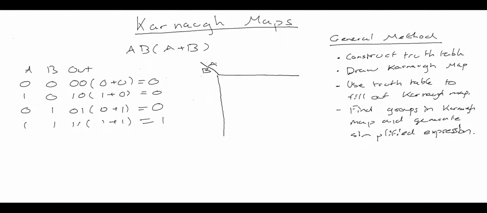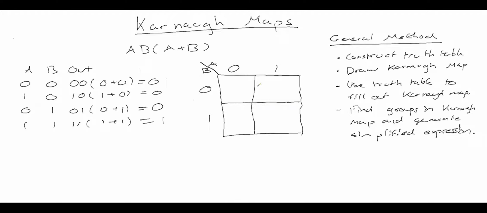Because I've only got one input on each axis at the moment, I just use a 1-bit Gray code. So that will look something like this: 0, 1, and 0, 1. If you're not sure about how to generate a Gray code, I'd recommend you watch my video on generating Gray codes, and you should get the idea from that.